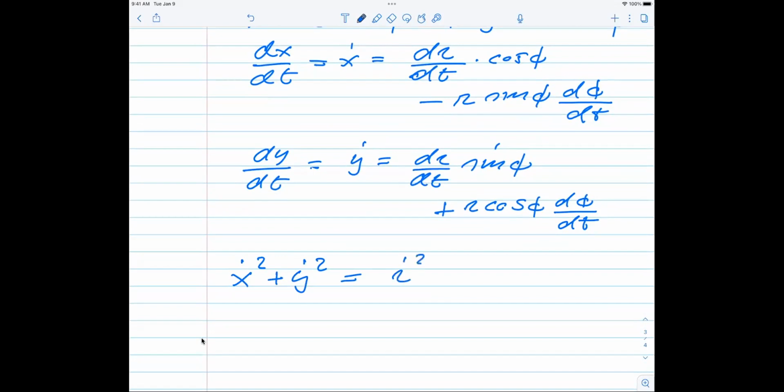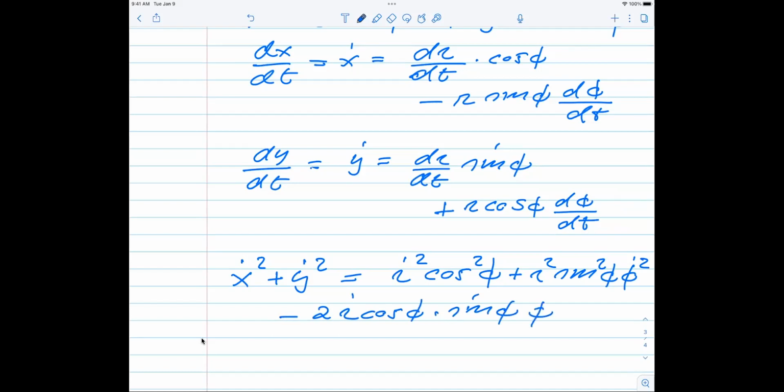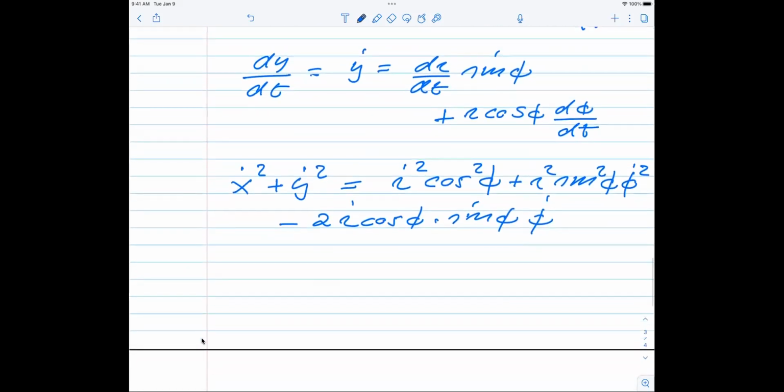I'm going to get an r dot squared times cosine squared, plus an r squared times sine squared of phi, multiplied with phi dot squared, because I have a phi dot in here, the derivative with respect to time for phi. And then finally, I get a minus 2 times r dot cosine phi multiplied with sine of phi and phi dot.